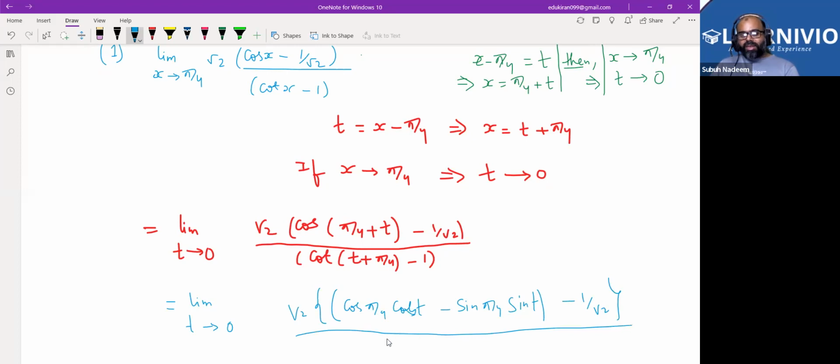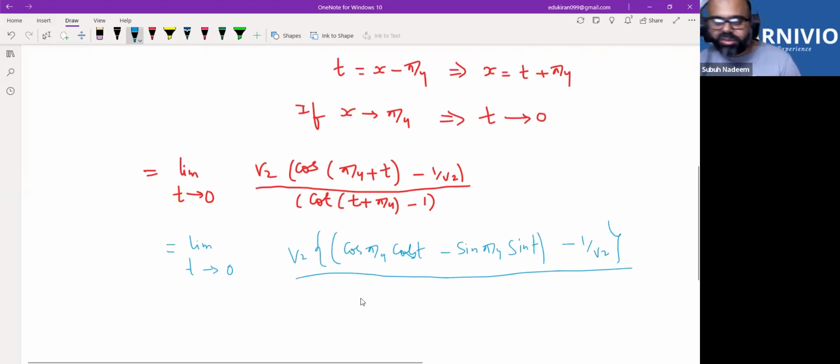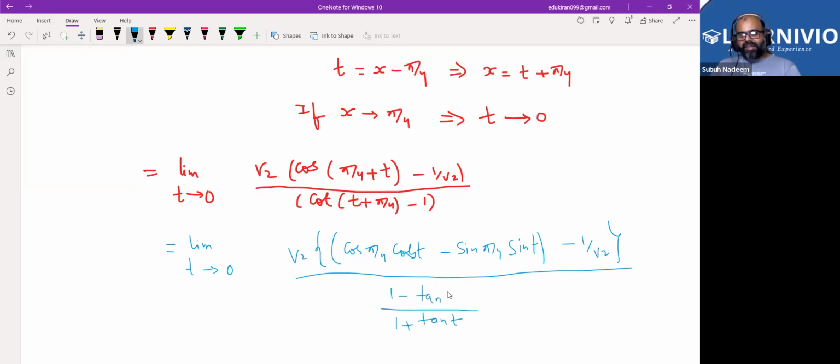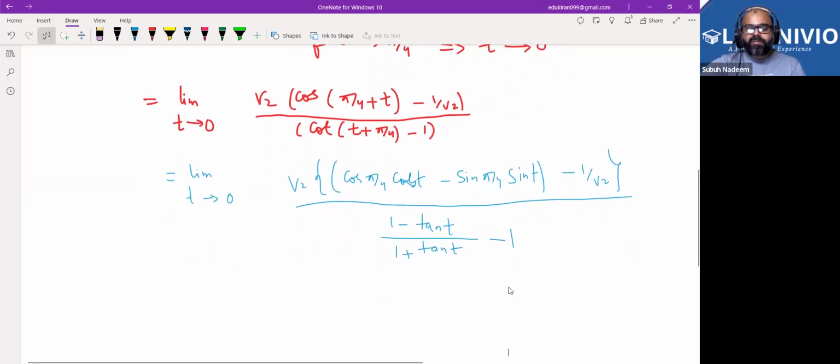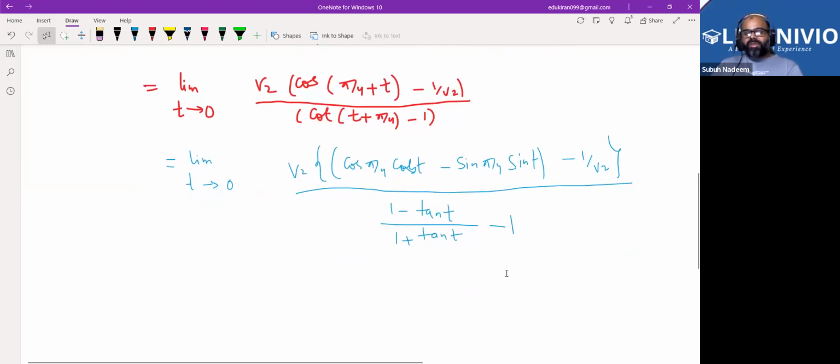And in the denominator, cot of t plus pi by 4. Cot of t plus pi by 4 means 1 by tan of t plus pi by 4, that will be 1 plus tan t by 1 minus tan t. And minus 1 is there. So we can write it like this.